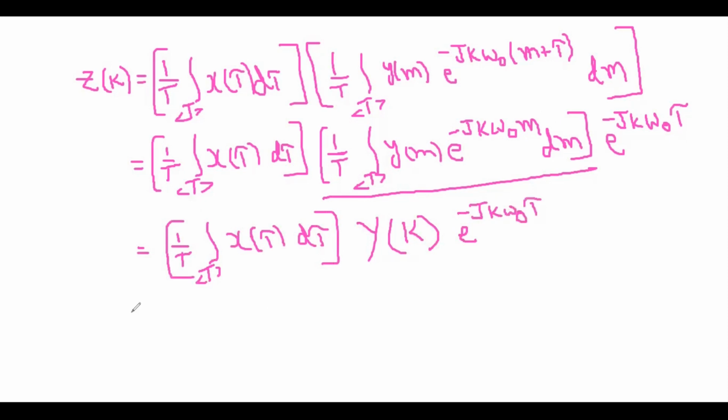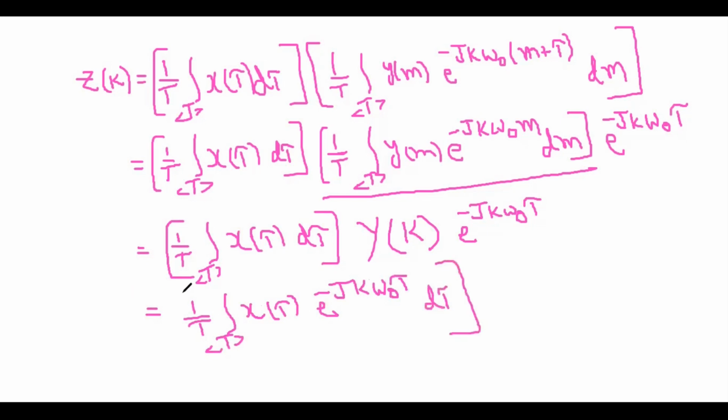And rewrite this function again: it is equal to 1 by T, the integral over T, x of tau. So bring this function inside, e power minus jk omega naught tau and d tau. Keep it as one function, and y of k.